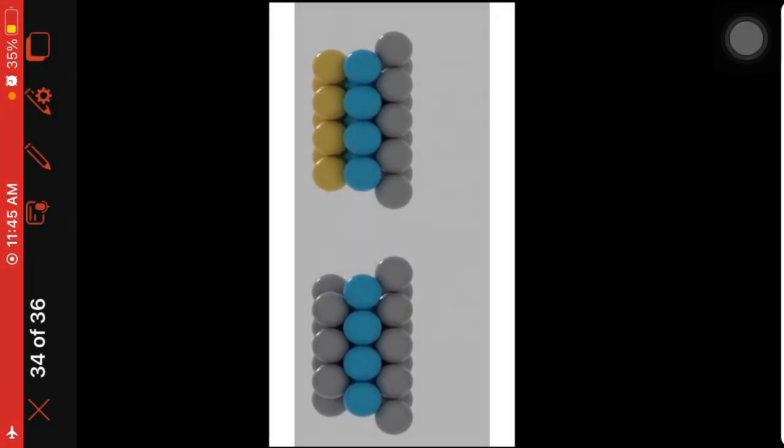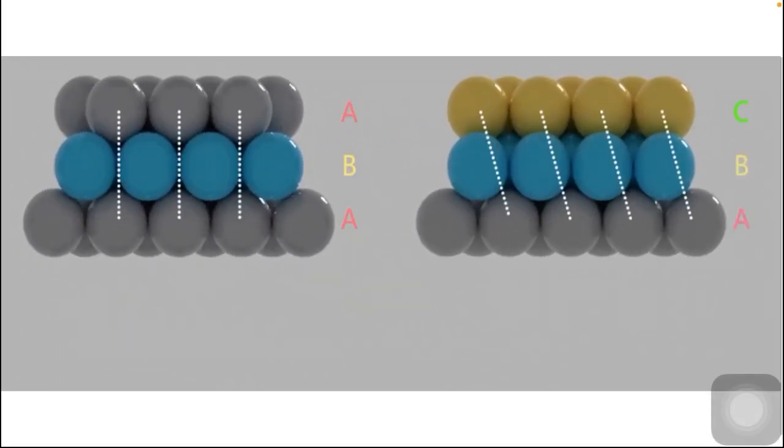So these are the two types of stacking, means AB stacking and ABC stacking.